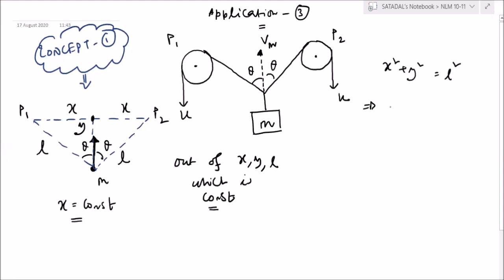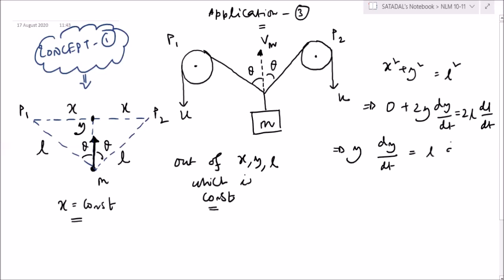X differentiates to 0, plus 2y dy by dt is equal to 2L dl by dt. So we are getting y dy by dt is equal to L dl by dt. All right, clear?